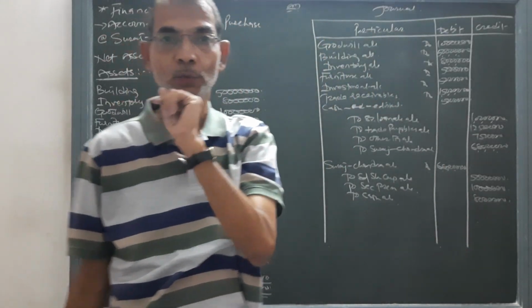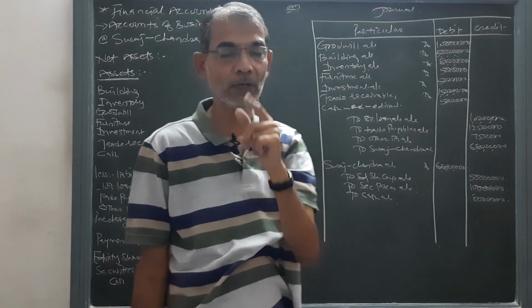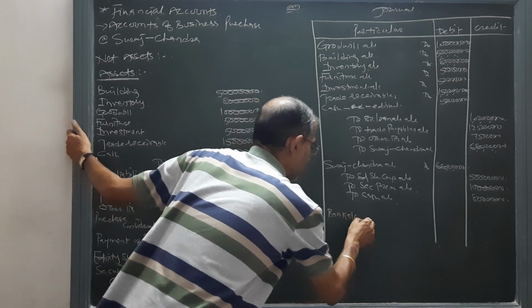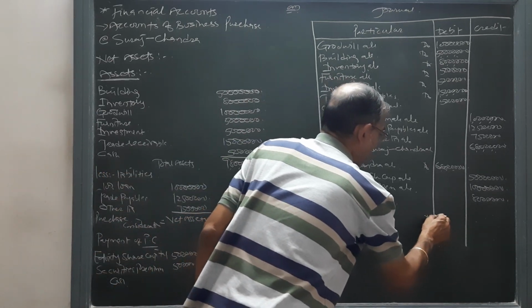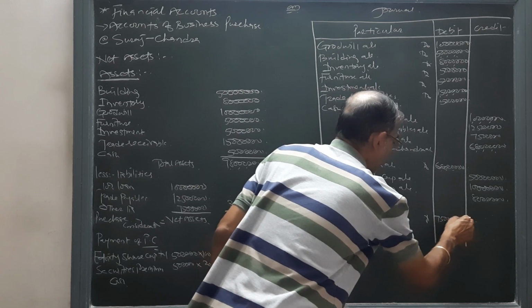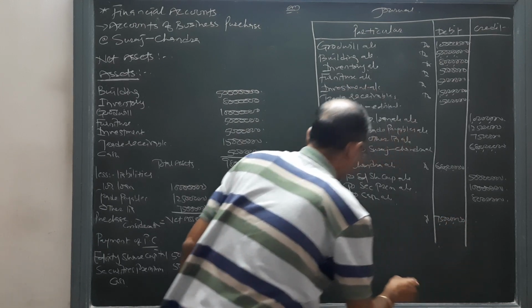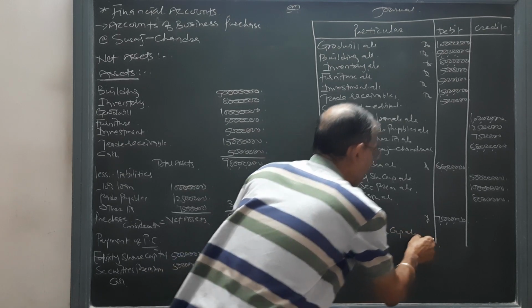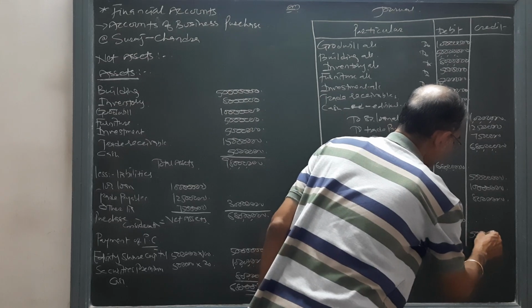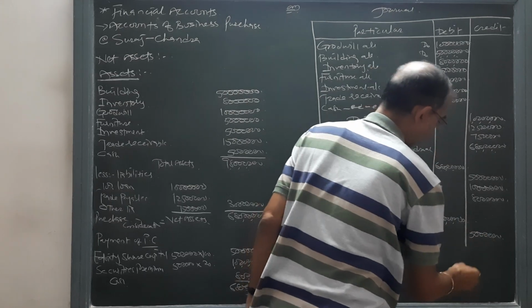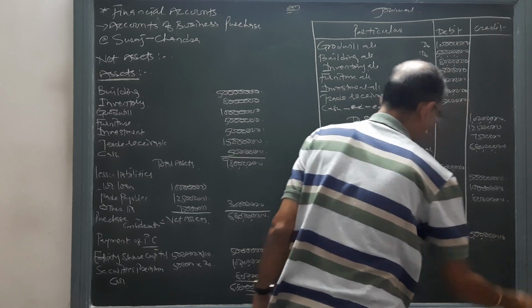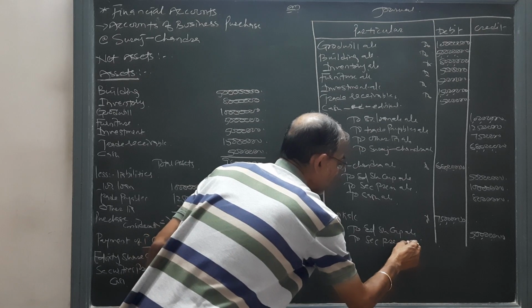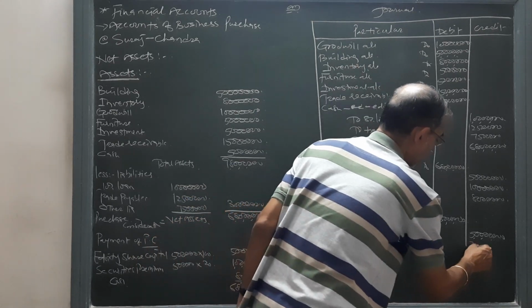Now remaining shares were issued to public at 150. So bank account will be debited 7 crore 50 lakh to equity share capital account 5 crore, and to securities premium account, that will be 2 crore 50 lakh.